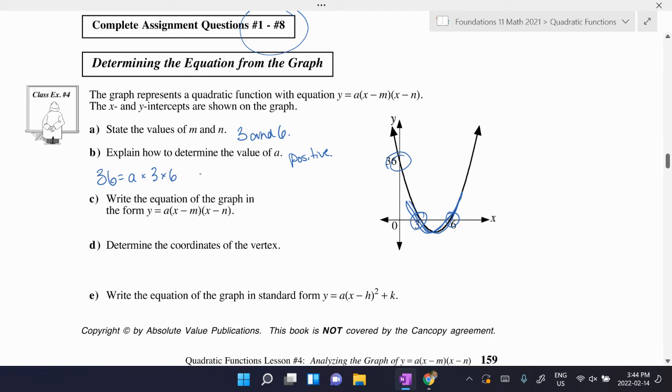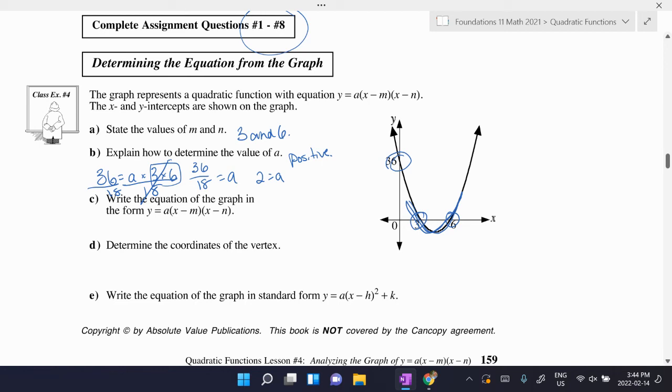So what I can do is, 6 times 3 is 18. So I'm going to divide both sides by 18. This crosses itself out, so I'm left with a on this side. So a is equal to 2.